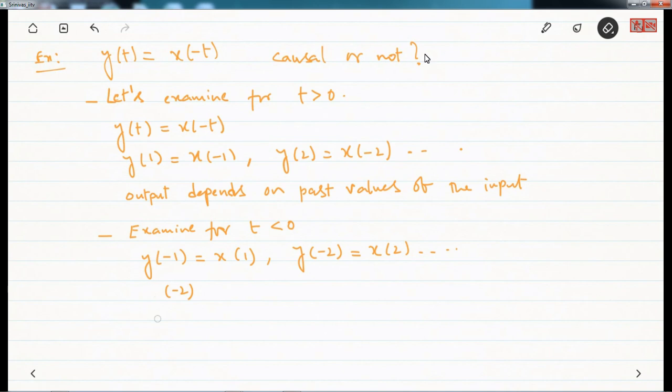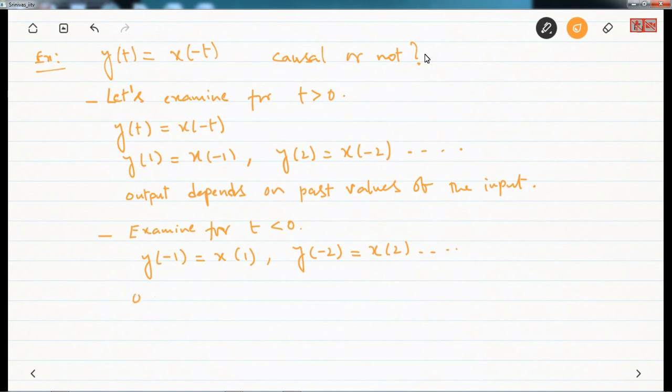Now see, the output of the system at t equal to minus 1 depends on the input at t equal to plus 1. So the output depends on future values of the input.